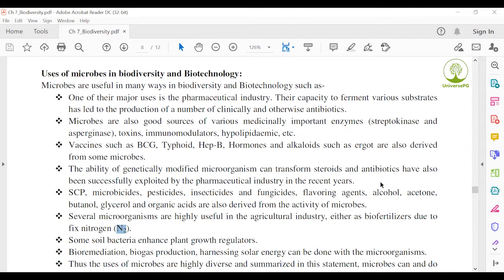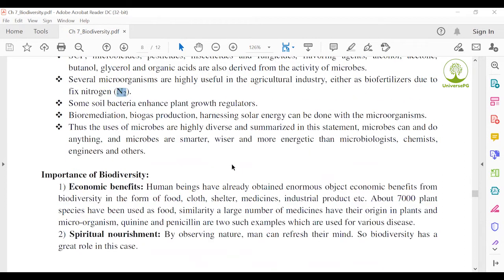Components of biodiversity, as microorganisms, we can use for the following purposes. Importance of biodiversity. Special importance of biodiversity: economic benefits. We can get different types of components of biodiversity as food, cloth, shelter, medicine, and industrial products.